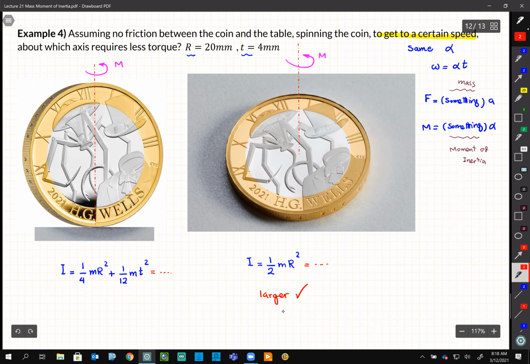So this is larger. If this one is larger, it means the one on the left moves faster, or it asks for which one requires less torque.